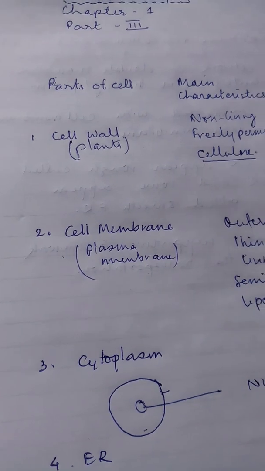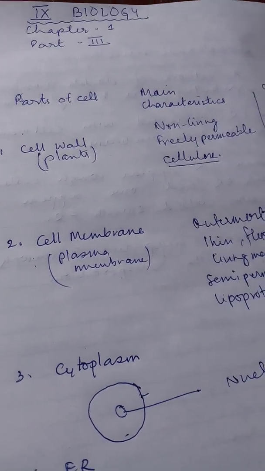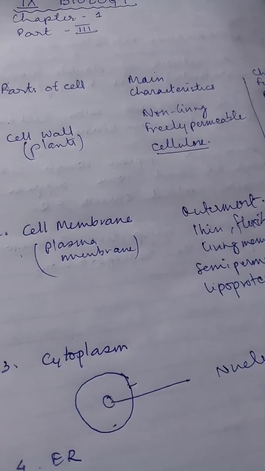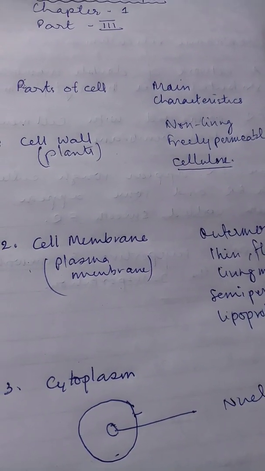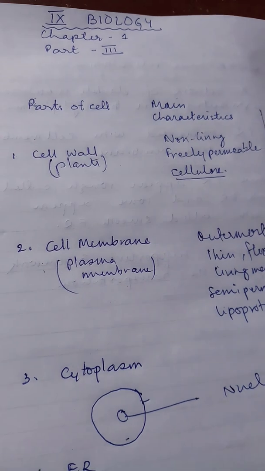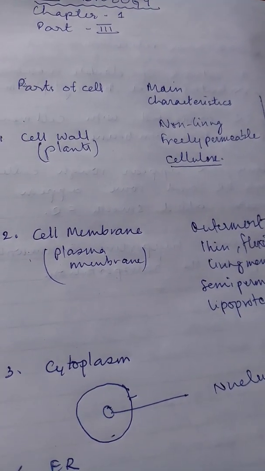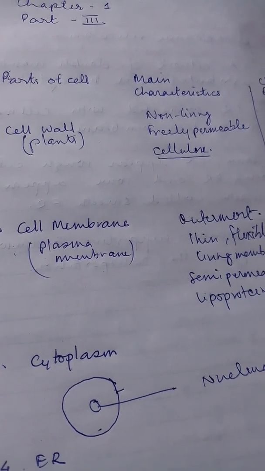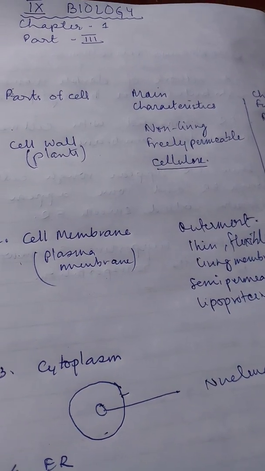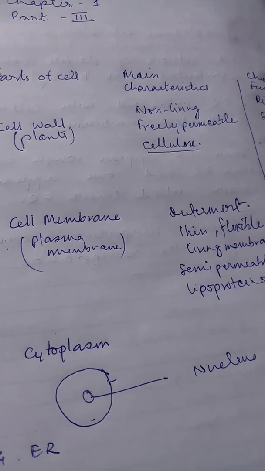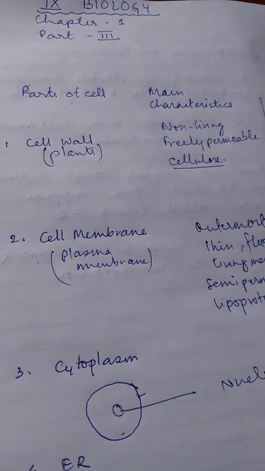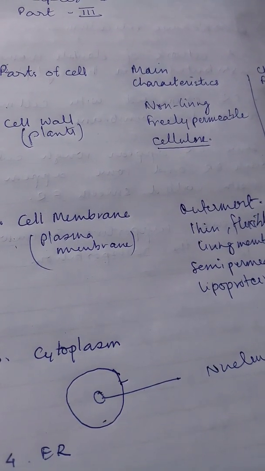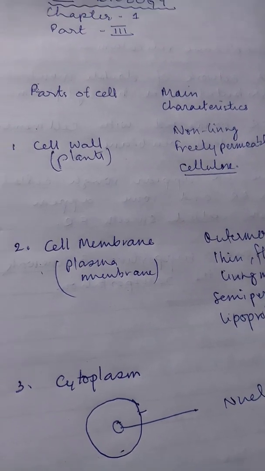All metabolic activities take place inside the cell, for example respiration in the mitochondria. It is the site of the initial step of respiration, that is glycolysis, and the production of pyruvic acid.